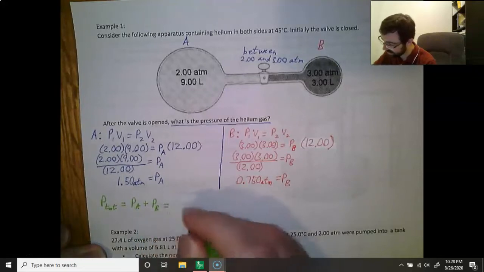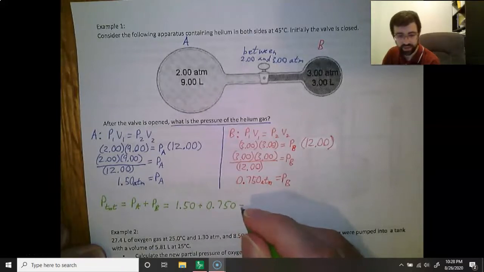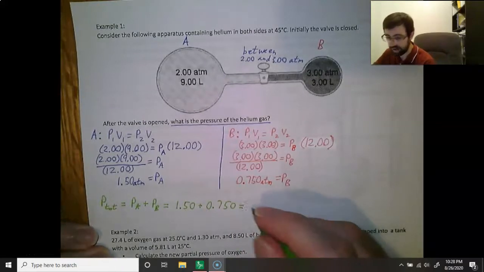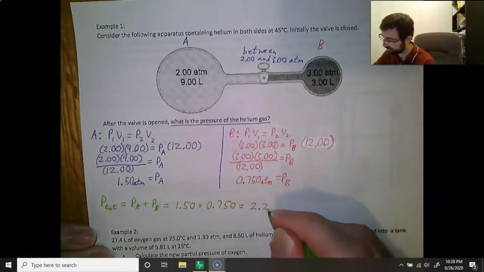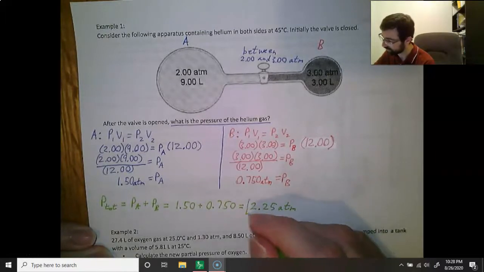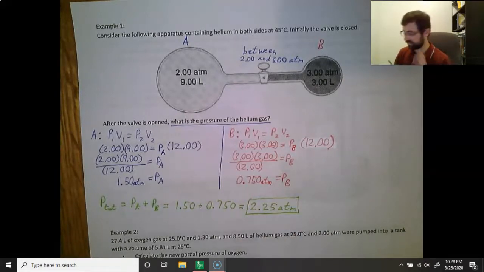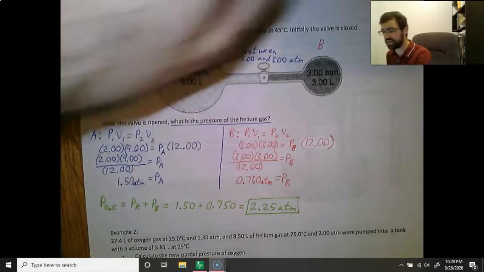So I need to say 1.50 plus 0.750, and if you add those up, you come up with 2.25 atmospheres. All right. Move on to the next part.